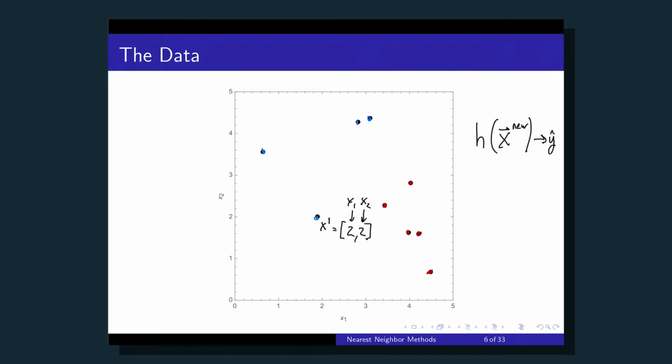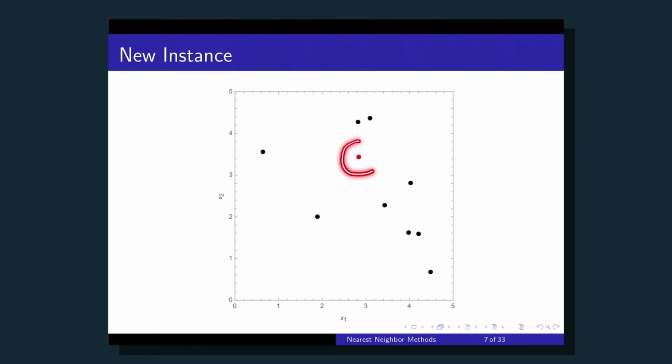The way to go about this is to take your new point, in this case let's say this red one is the new point, and find the nearest neighbor to that point. Obviously you can use different distance measures, but if it's Euclidean, essentially you're looking for the smallest circle you can draw such that there's one other point in it, and that point would be the nearest neighbor.